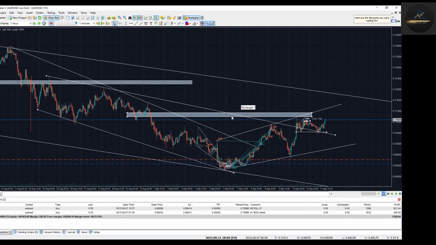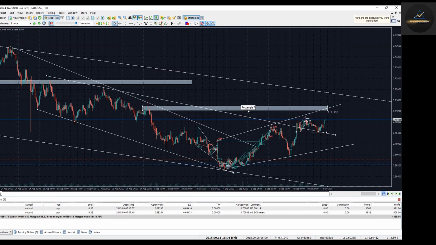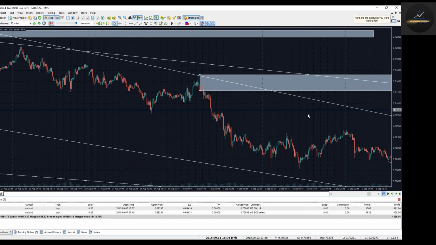So if that does occur, then we need to be sure as to which banker block we're going to use. So let's zoom into this area on the lower time frames, because if we are going to get an opportunity, it's going to be in here somewhere.